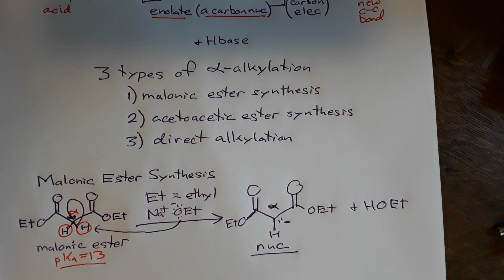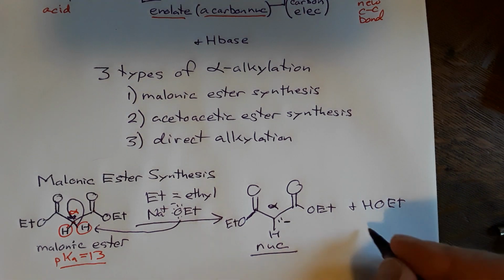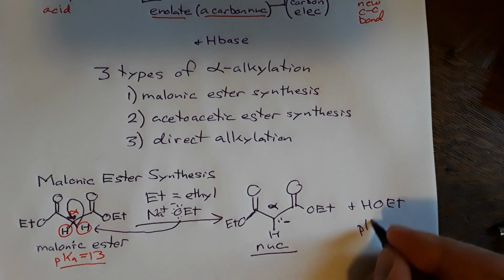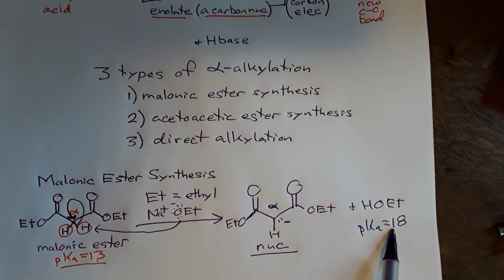Let's think about the equilibrium involved here. So we're pulling off this acidic hydrogen, we're forming the conjugate acid, and the conjugate acid has a pKa of approximately 18. So we're going from pKa 13 to pKa 18.